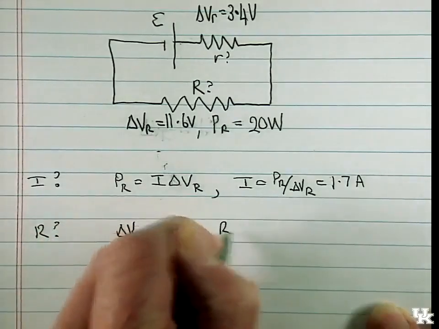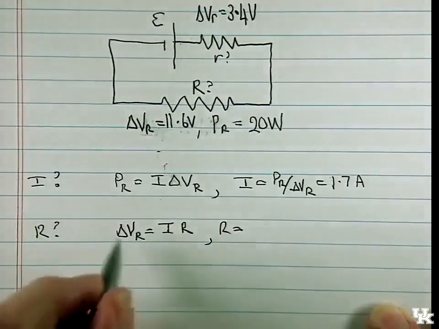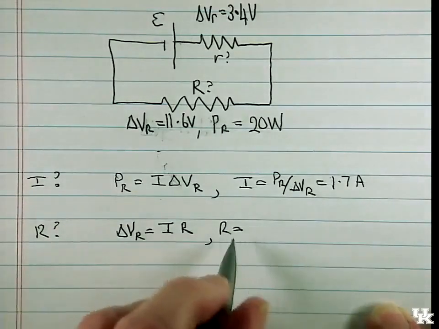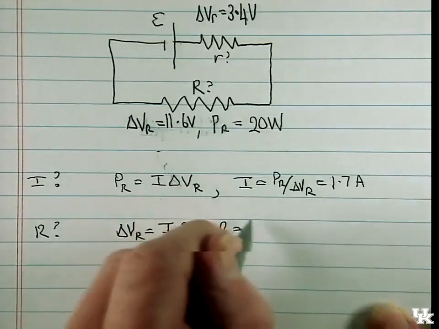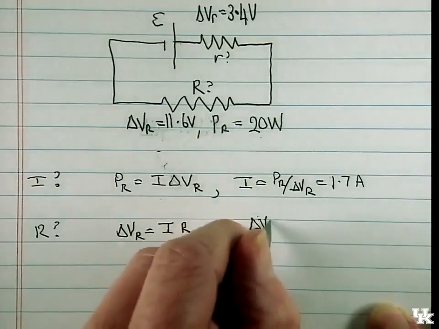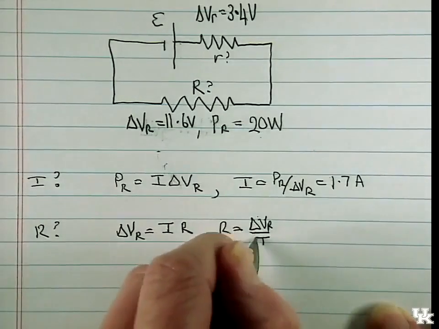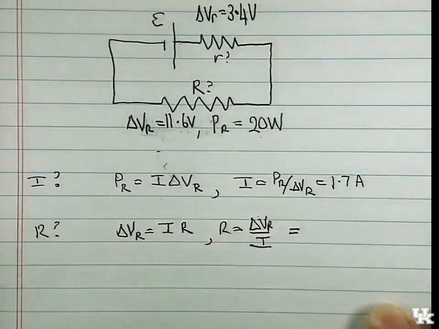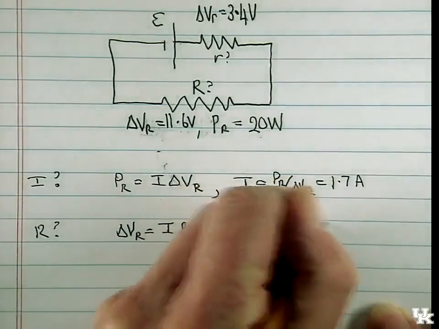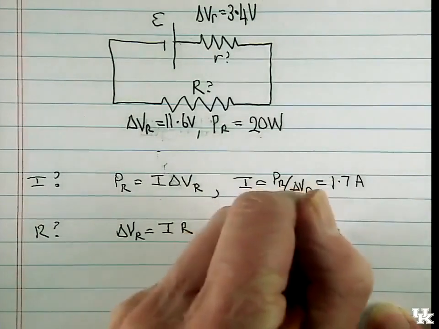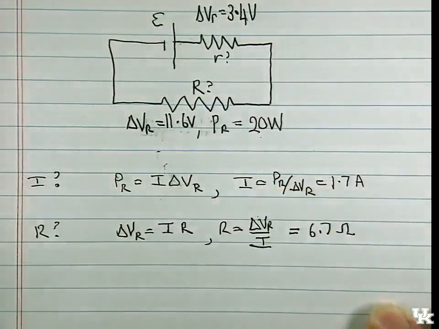I can turn that around and solve for the resistance of the load resistor by taking the voltage across it and dividing by the current through it. So that is 11.6 volts divided by 1.7 amps. I already figured it out, of course. 6.7 ohms, 6.74 ohms I got.